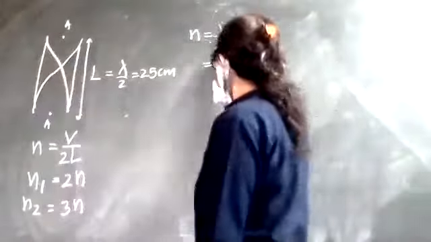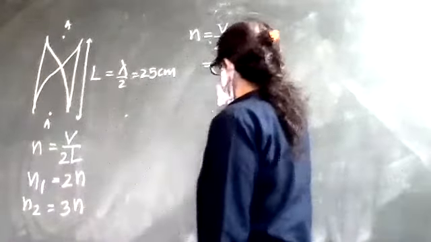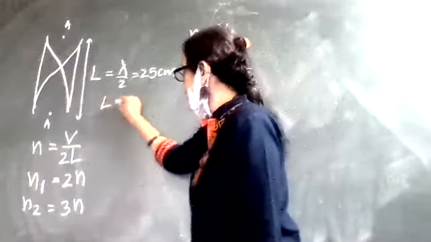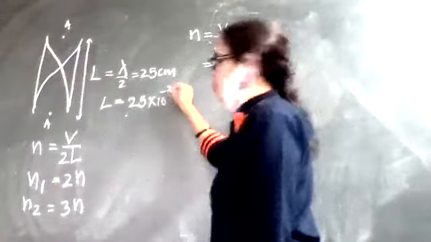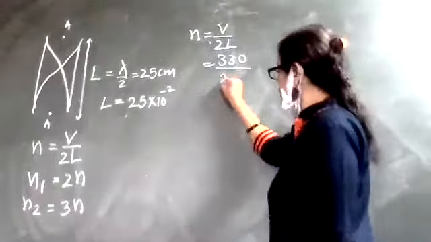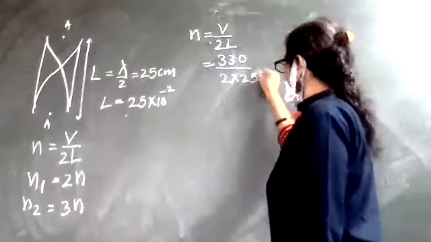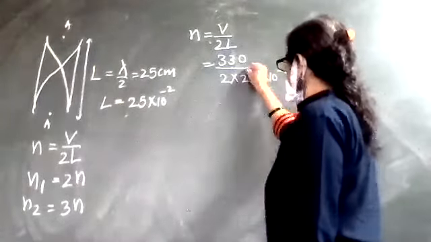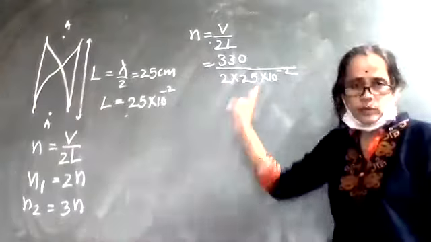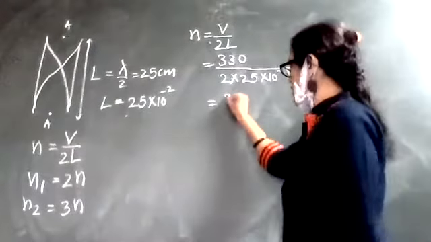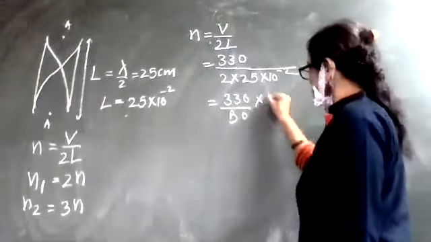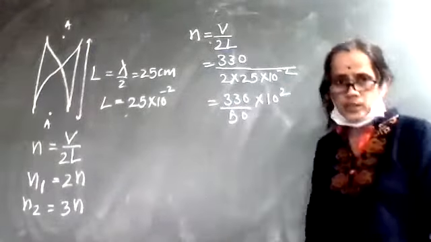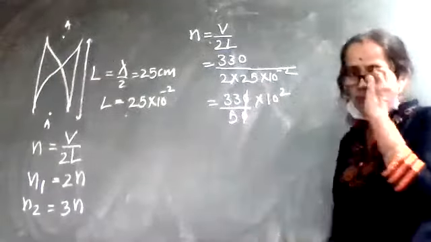Now your speed is given as 330 meter per second, divided by L, which is in centimeter, so I will convert it into meter: 25 into 10 raised to minus 2. So 2 into 25 into 10 raised to minus 2. Now 2 into 25 is 50, so what I get is 330 upon 50 into 10 raised to minus 2. The minus 2 goes into the numerator and becomes plus 2, and one of the 0s gets cancelled.